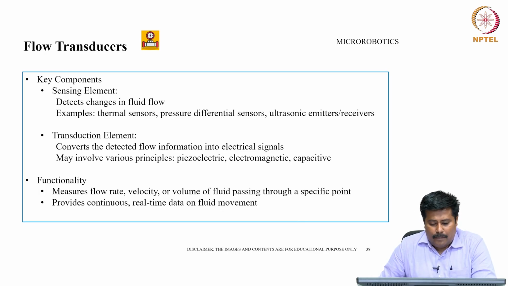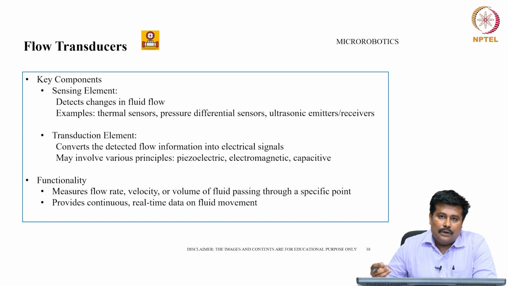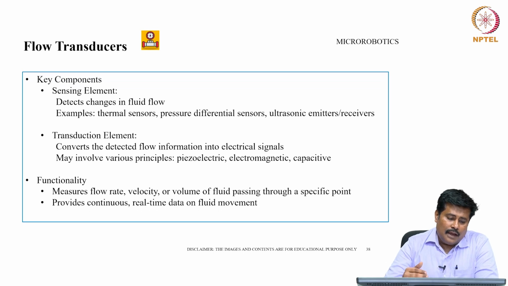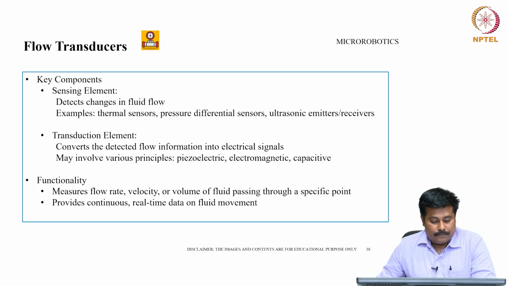It may involve various principles like piezoelectric, electromagnetic, capacitive, etc. From a functionality point of view, it measures the flow rate, the velocity or volume of fluid passing through a specific point, and it provides continuous real-time data on the fluid movement. So these are some of the key aspects of flow transducers.